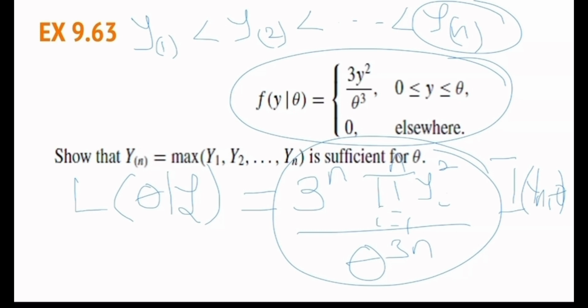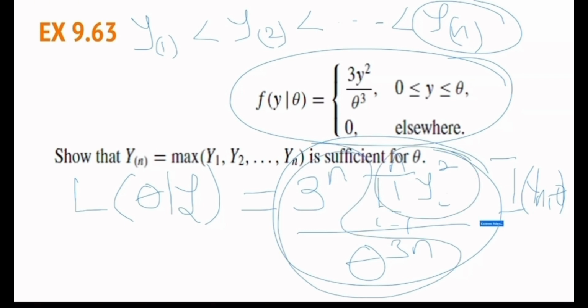Now this can be partitioned into a part that is a function of theta and a part that is not a function of theta, and it's going to be a product.